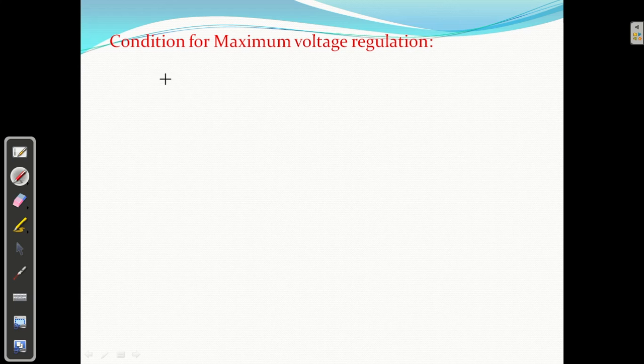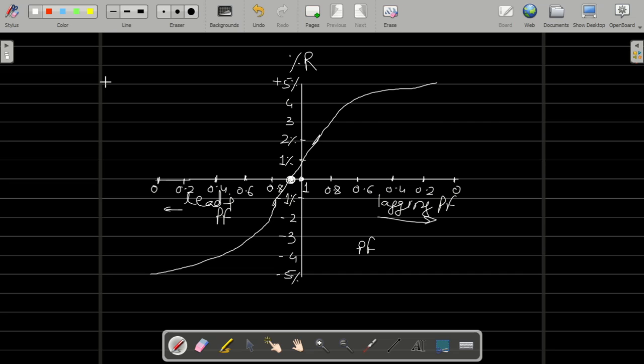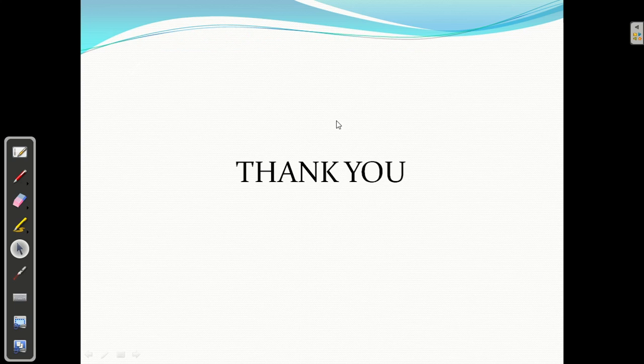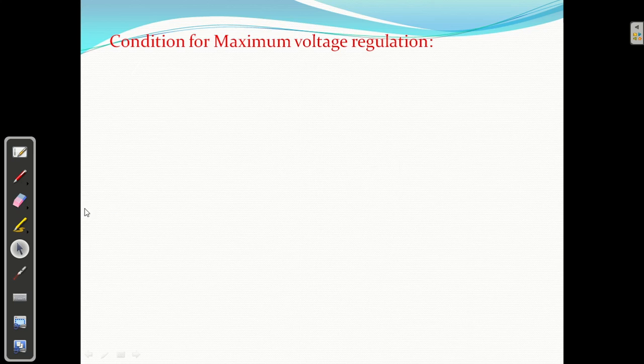So what is the percentage regulation formula?